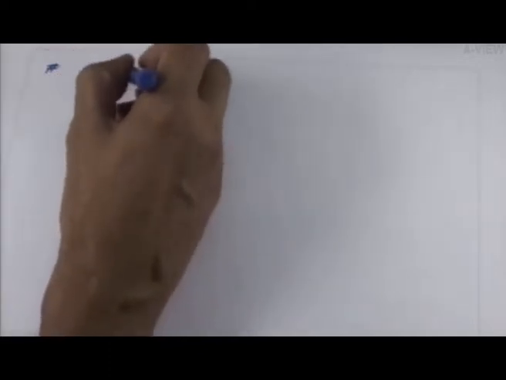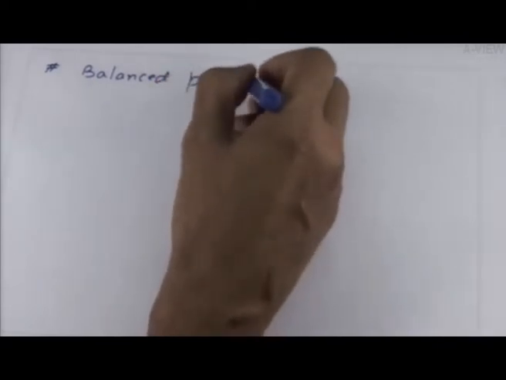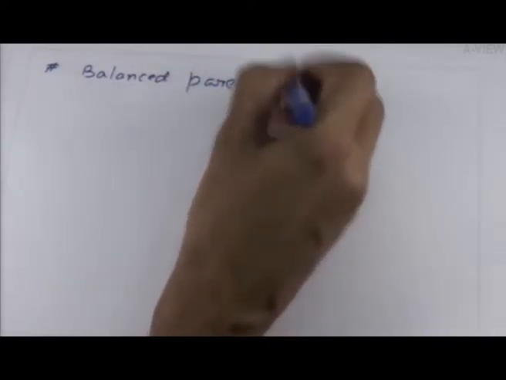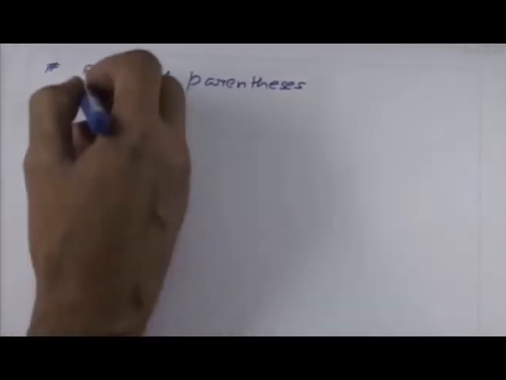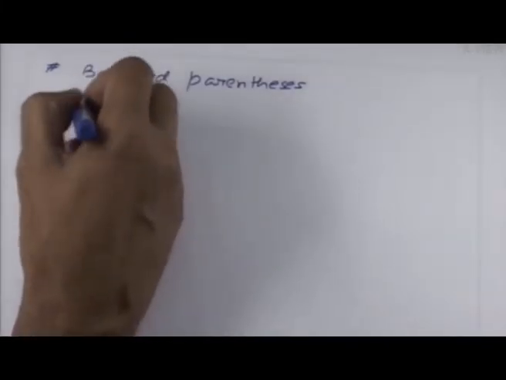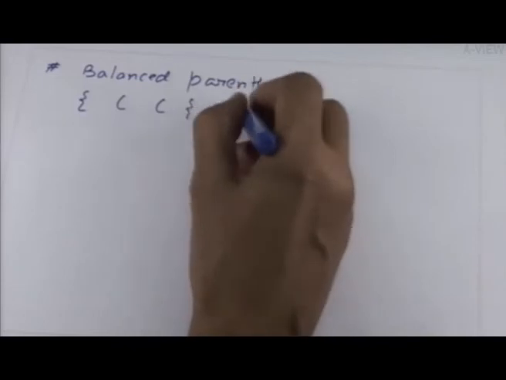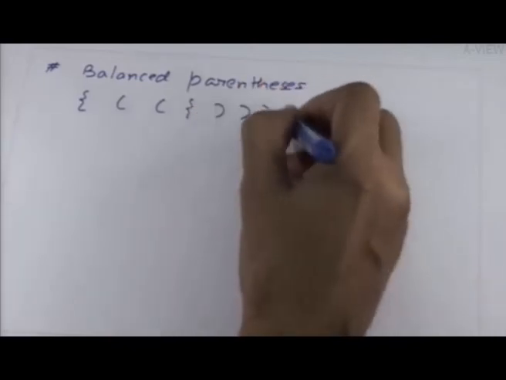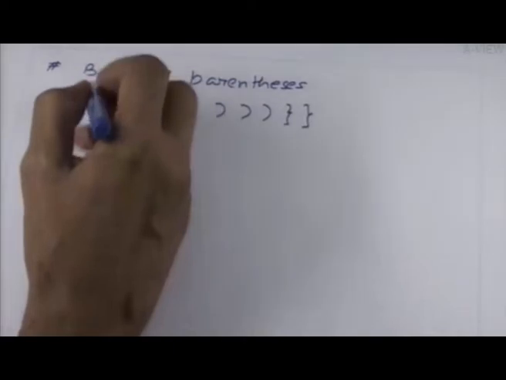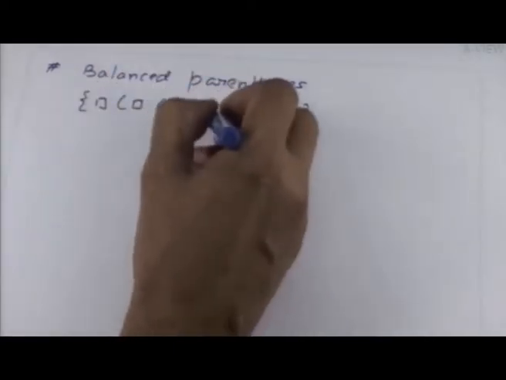The first question, very popularly known as balanced parentheses, has an equivalent statement in many other forms. The question is like this: if I write some series of parentheses, could be one or could be more, and assume that there is something in between which I am not showing you because that is not relevant to this particular problem.